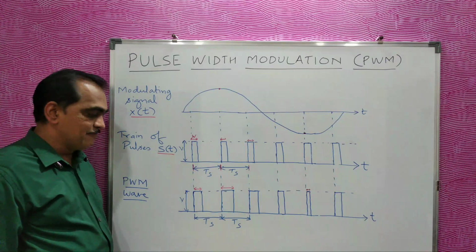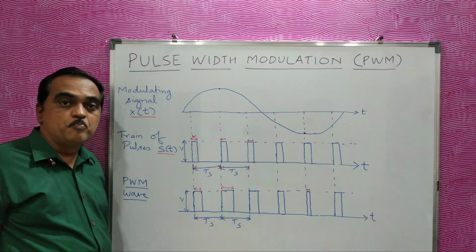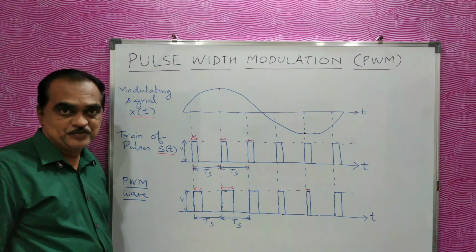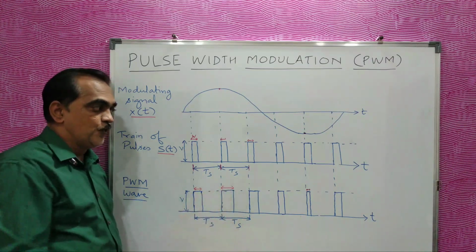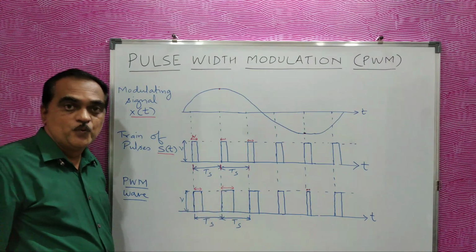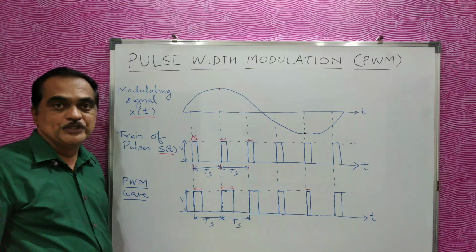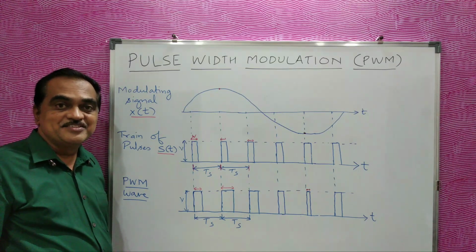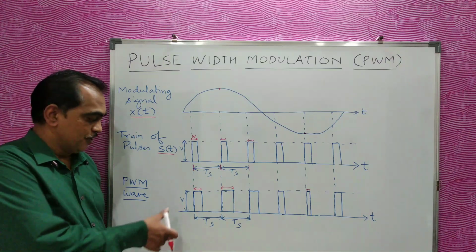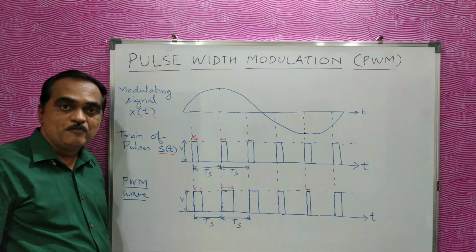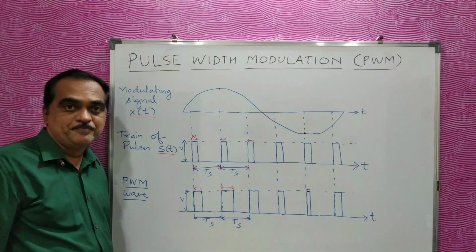This is what we have in the pulse width modulation definition. It says that the width of the pulses will vary according to the variation in the instantaneous value of the modulating signal. So this is your pulse width modulated wave or PWM wave.